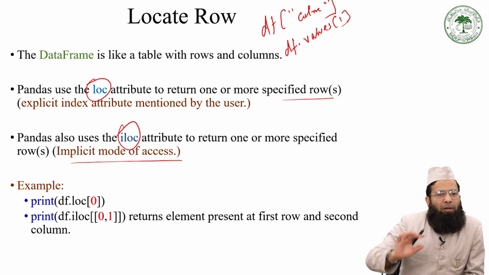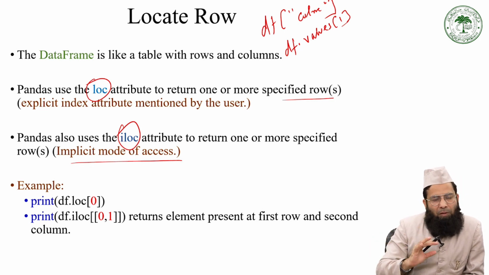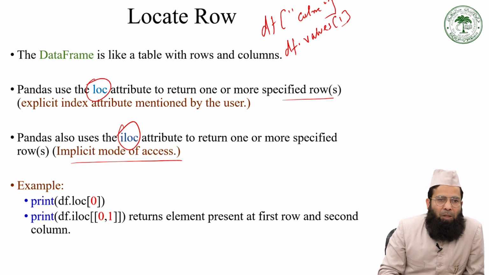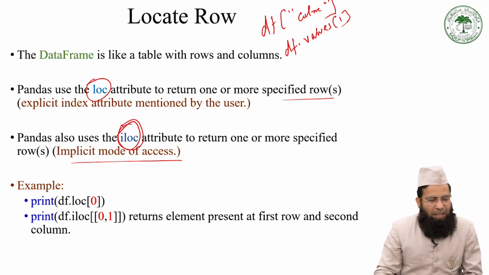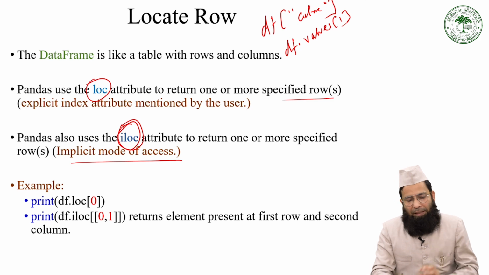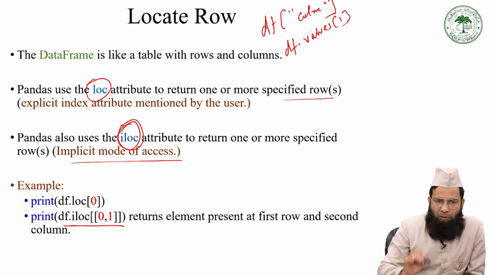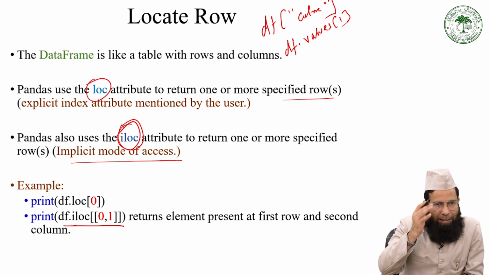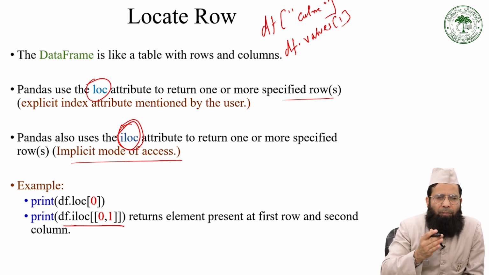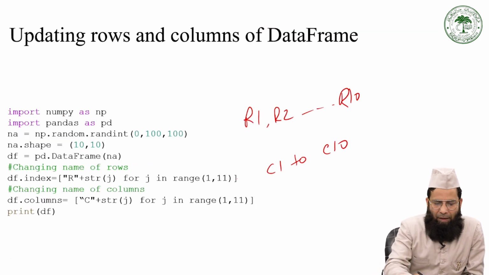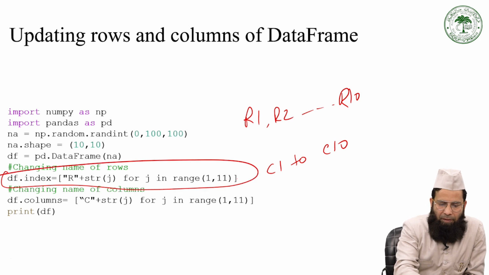It means whether you are renaming the index or not, you can always use iloc, implicit location, like in this way. So suppose you have renamed your column names and index names, like in this case, we have renamed them, right?